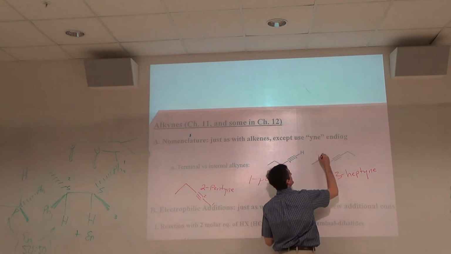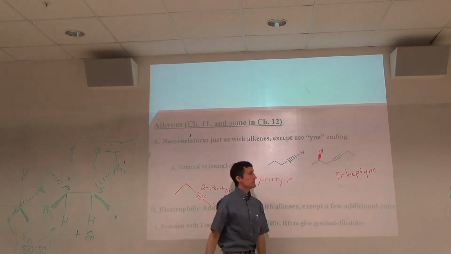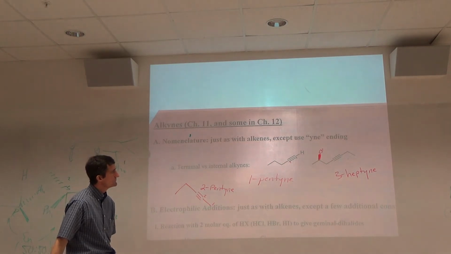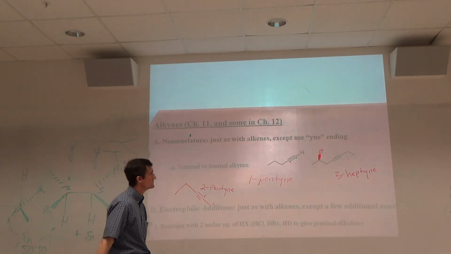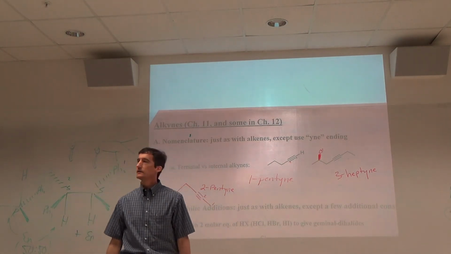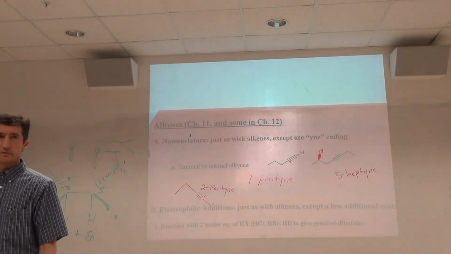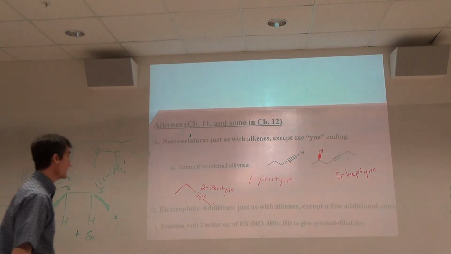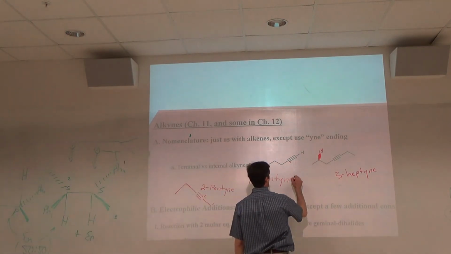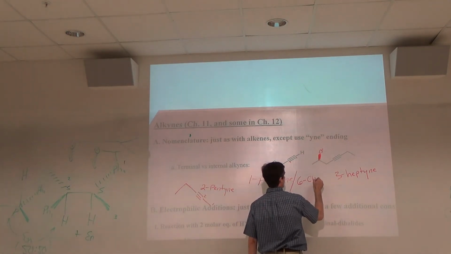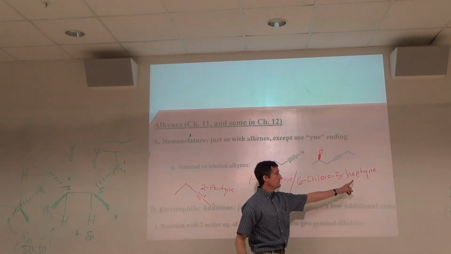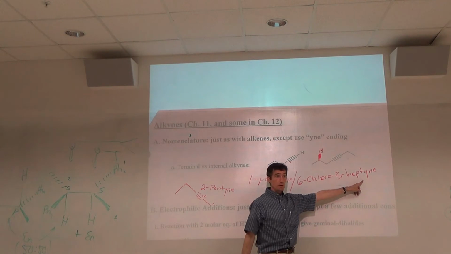What if we put a chlorine here and we gave it a little stereochemistry? What would that be? Not 2-chloro. Why do you say 2-chloro? 6-chloro, because the functional group gets priority.